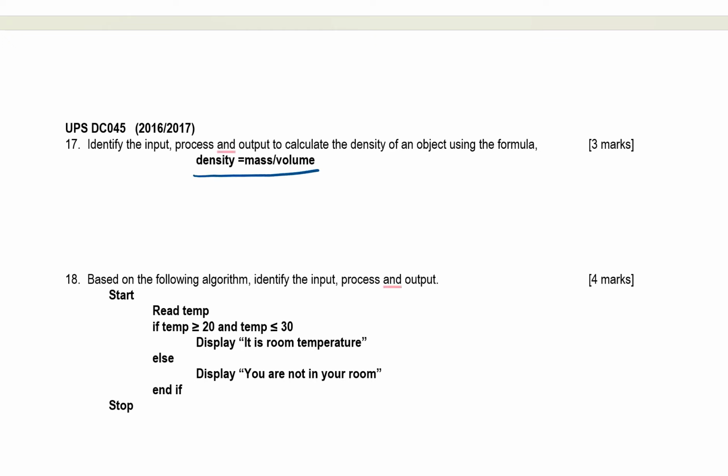So now, what are you going to get? So of course, the output is density. Okay, on your right of the formula, what is the input? Of course, mass, comma, volume. Okay, and then how about the process?